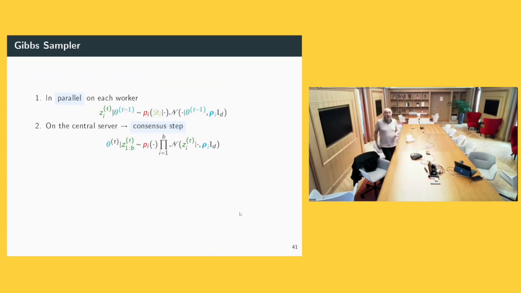And then you perform a Gibbs sampler, and you use a factorization which is inherent to this graphical model.